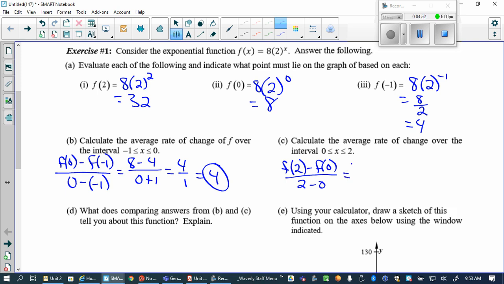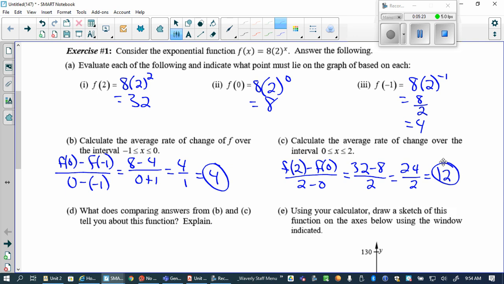So that's 32 minus 8 over 2, not negative 2. What's 32 minus 8? 24. Over 2, so that's 12. You've got to do new minus old over new minus old.